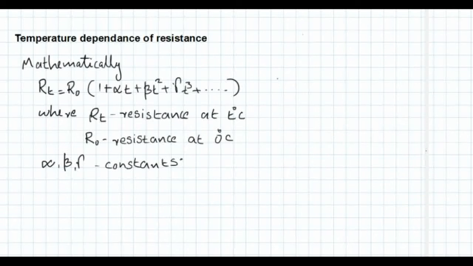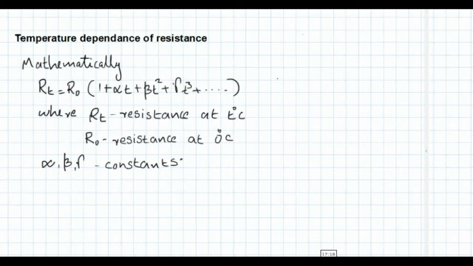Here RT represents the resistance at T degree Celsius. R0 represents the resistance at 0 degree Celsius. Alpha, beta, gamma etc. are constants. And R0, the resistance of a body at 0 degree Celsius, will normally be a constant.